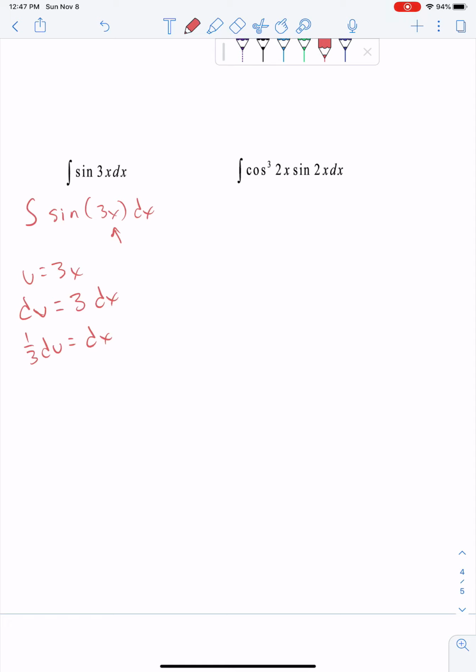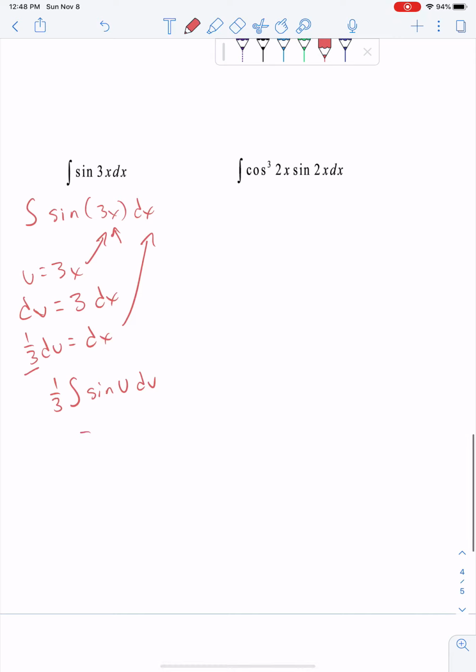So now when I plug this in and this in, I get 1/3 integral of sine of u du. So the 1/3 goes in the front, the du replaces the dx. Now when I integrate, what derivative takes me to sine of u?